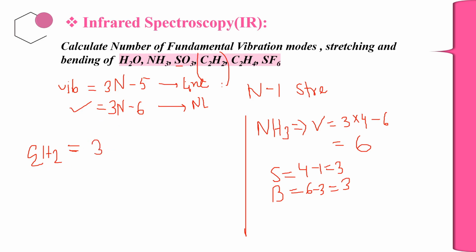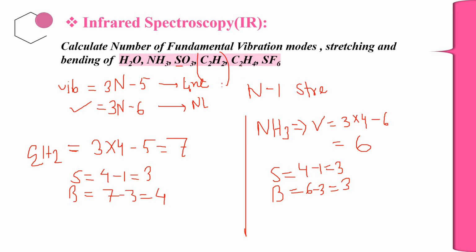That means it should be 3 into 4 minus 5, that is 7. The number of vibrational modes for acetylene is 7. Now the stretching modes are n minus 1, that means 4 minus 1, that is 3, and the rest are bending modes of vibration, that means 7 minus 3 equal to 4.